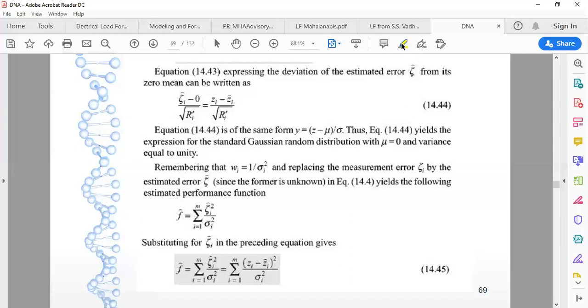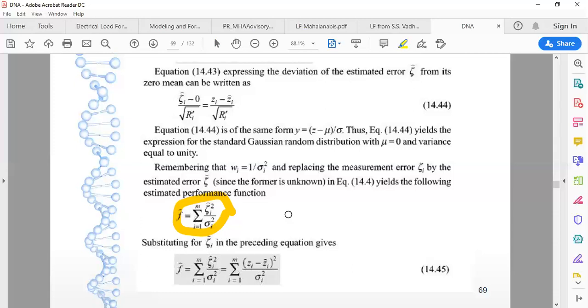Lowercase sigma represents standard deviation, while uppercase sigma is nothing but the symbol of addition. So in this function we are using two sigmas, where lowercase sigma represents standard deviation, sigma square represents variance, while capital sigma is nothing but the symbol of addition.